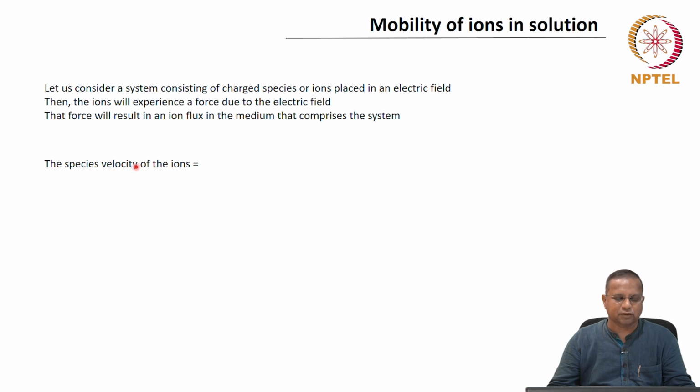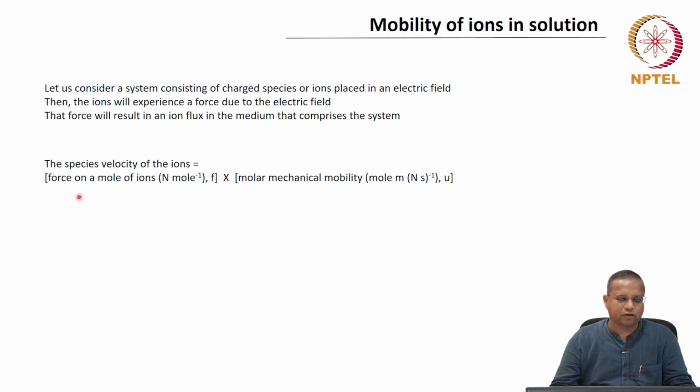In such a situation, recall our mass flux, how we talked of the velocity of a certain species, rho i v i. Here, we are talking of the species velocity of ions, which are charged particles. We are going to write the species velocity of ions as a product of the force on a mole of ions, that is Newton per mole, which is represented by a lowercase f, times something called a molar mechanical mobility.